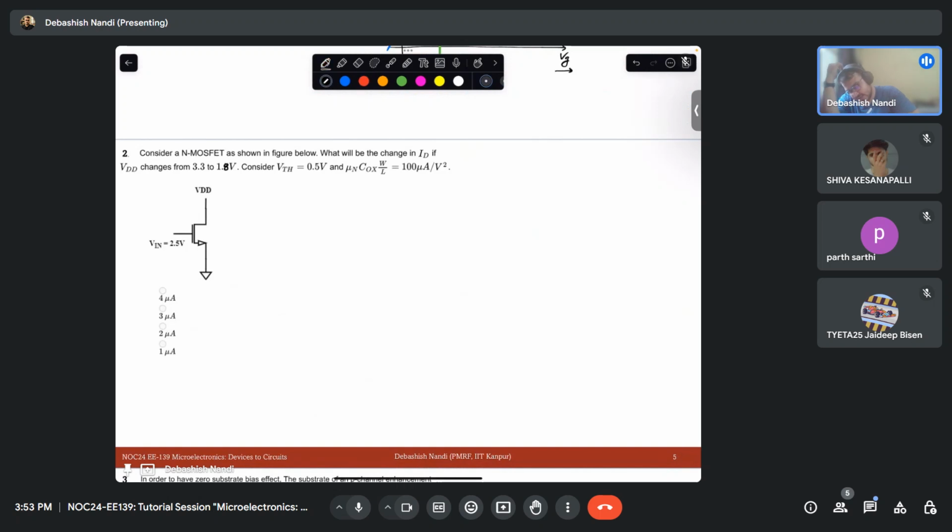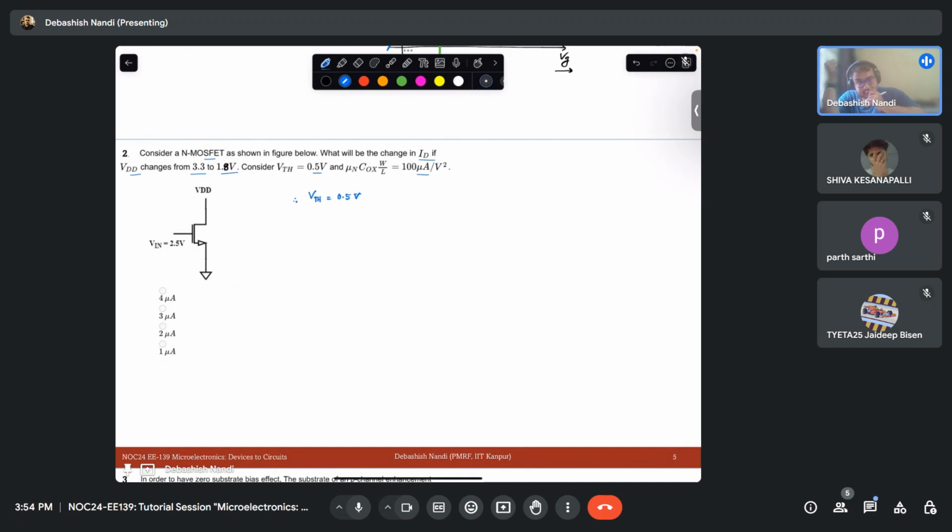Consider an N-channel MOSFET as shown in the figure below. What will be the change in ID if VDD changes from 3.3 to 1.8 volt? Assume this. What I see is that my VTH is 0.5 volt.